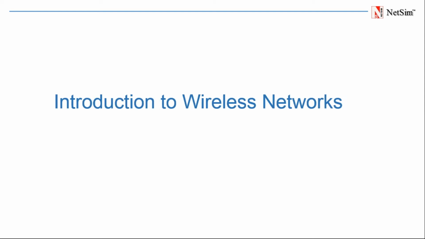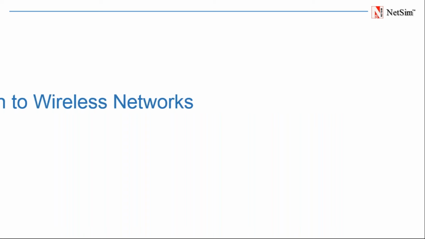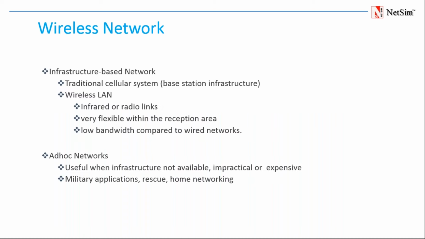So now we'll go to our today's topic, that is wireless network or mobile ad hoc network. First is wireless network. Wireless network can be divided into 2 parts. One is infrastructure based network, which consists of our traditional cellular system having base station infrastructure, and wireless LAN using infrared or radio links.